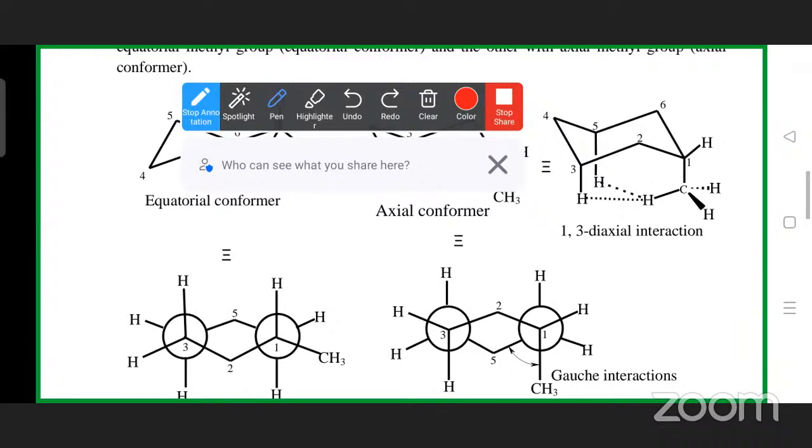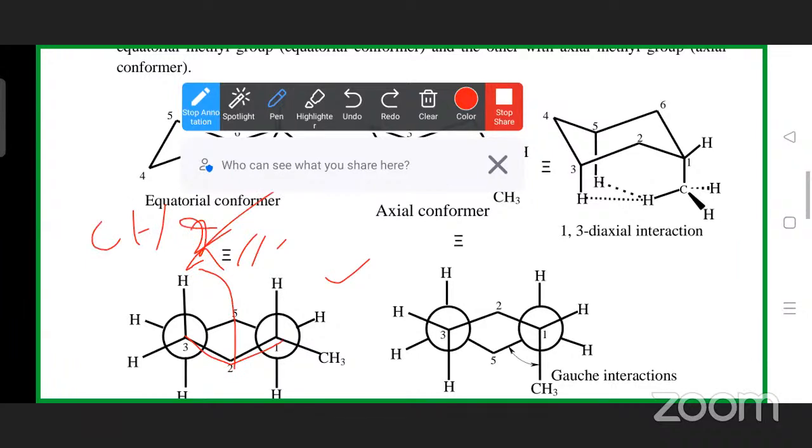So when this equatorial conformer converts into the Newman projection formula, here is the methyl.